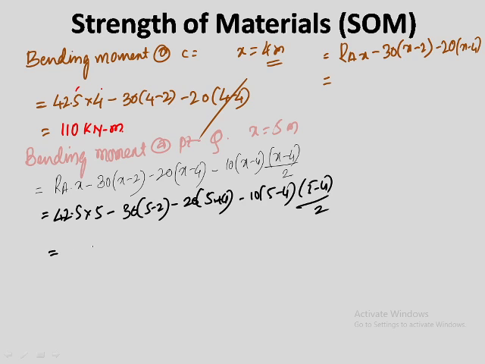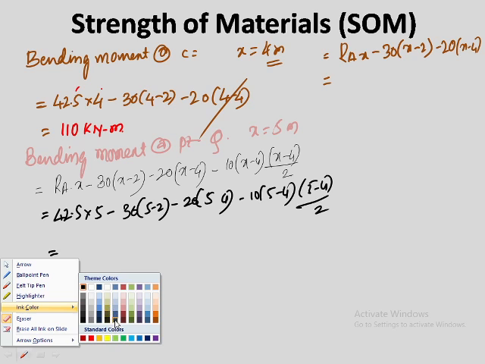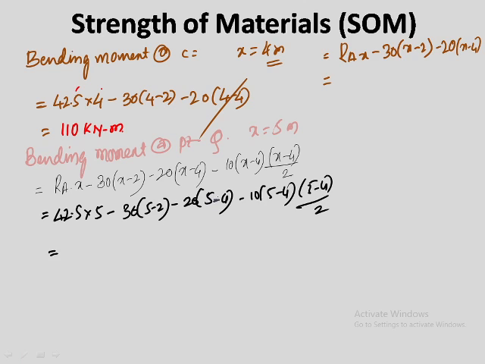Now we calculate. This is 5 minus 4, not 5 plus 4. The answer is 97.5 kilonewton meter.